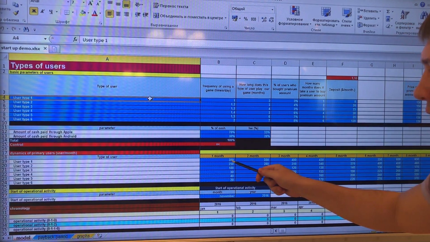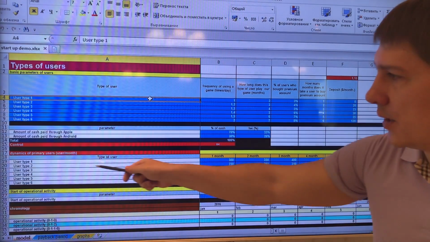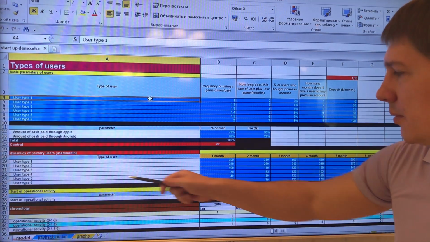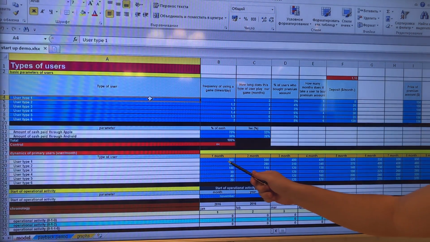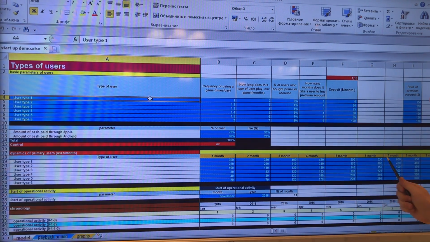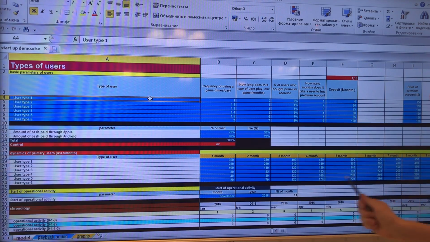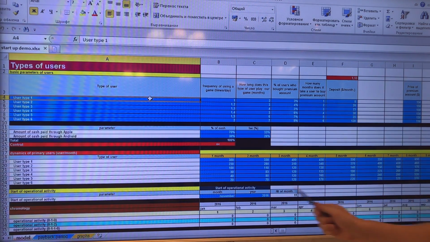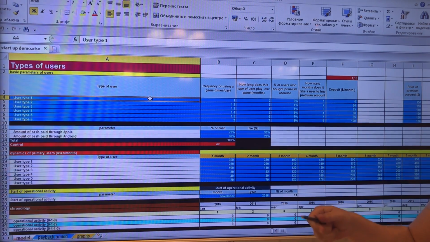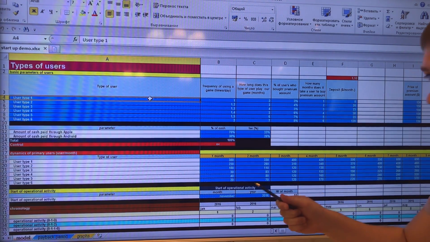For example, we reach 300 users of type 1, 250 users of type 2, and so on. And here we can put the speed of growth for each type of user, and all this information will also affect our cash flow statement in future.